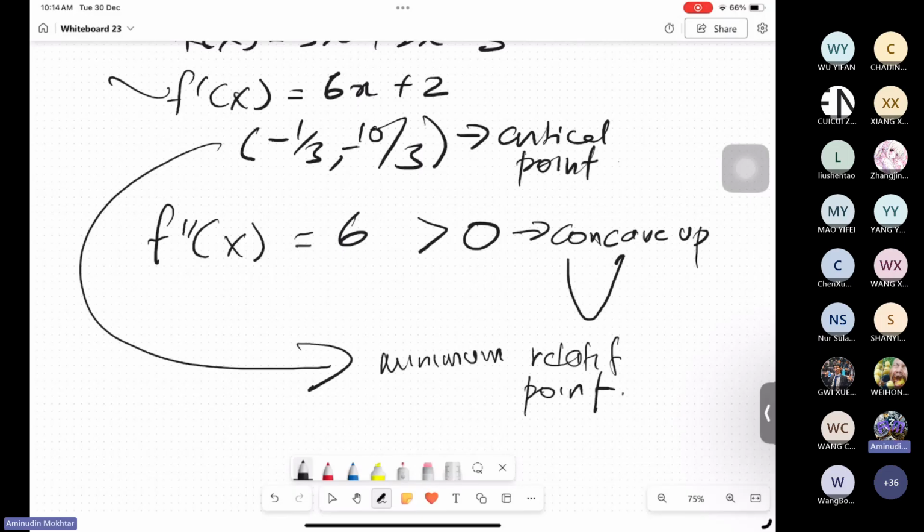So based on this example, we can find the minimum relative extrema point. That point is a minimum relative point based on both the first derivative method and the second derivative method.